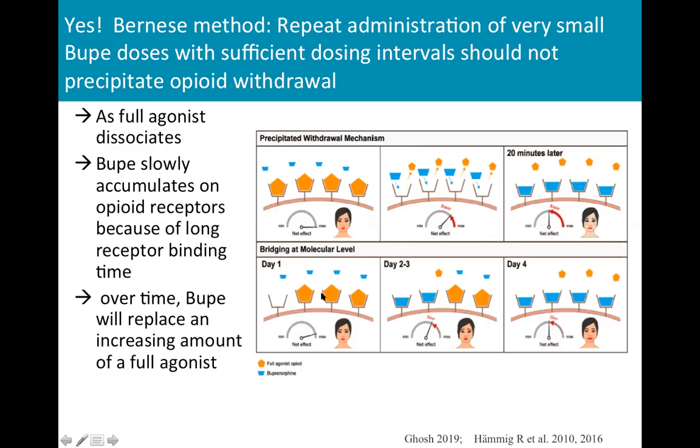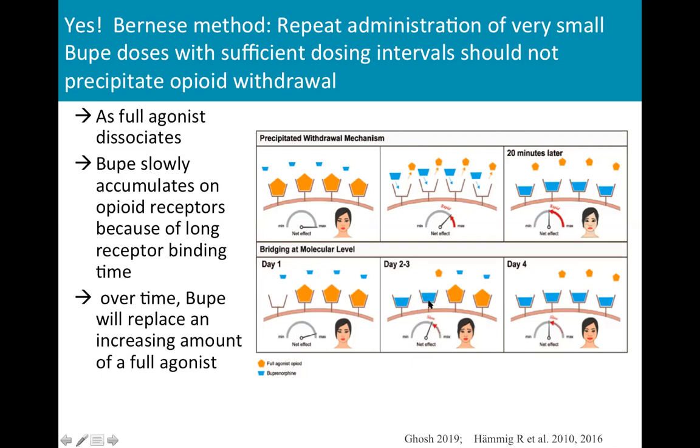With this idea of microdosing or bridging, people who start out with full agonists are going to be given just a little bit of buprenorphine in the background, so not enough to cause high levels of displacement. As the full agonist naturally dissociates from the opioid receptor, it's going to be filled in preferentially by the buprenorphine because of its higher affinity.